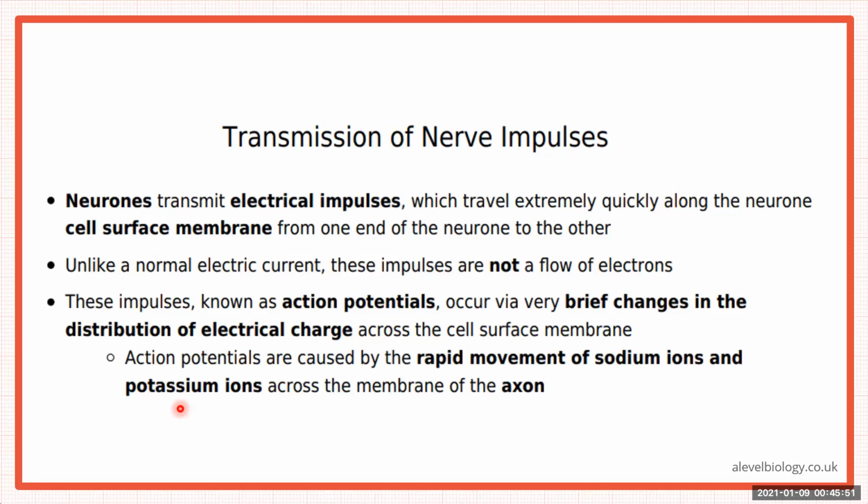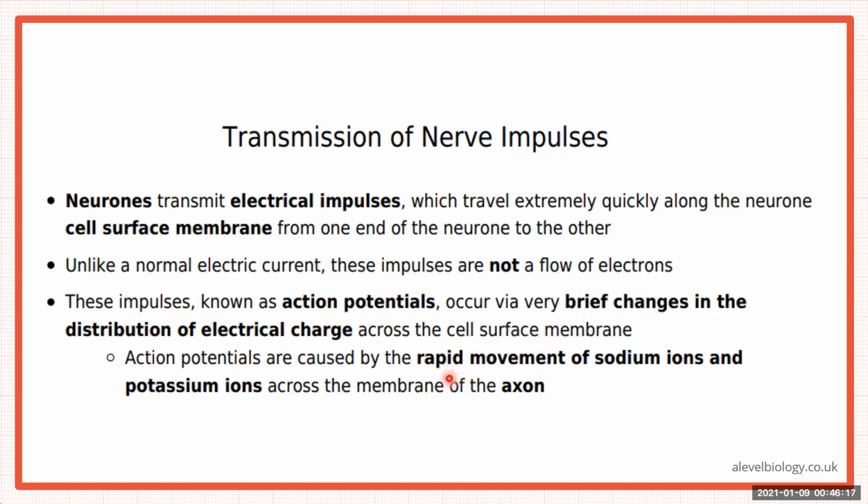Now, unlike the electric current we just discussed, these impulses are not a flow of electrons, right? What actually happens is that the distribution of electrical charges changes. Positive ions get in, negative charges go out, right? These impulses we call action potentials.